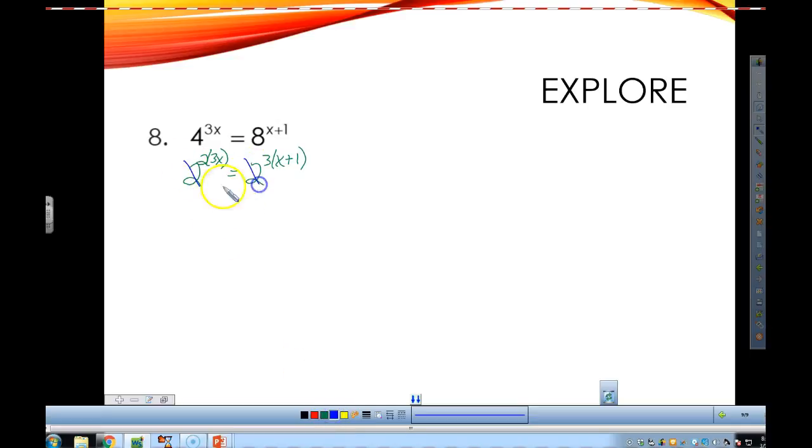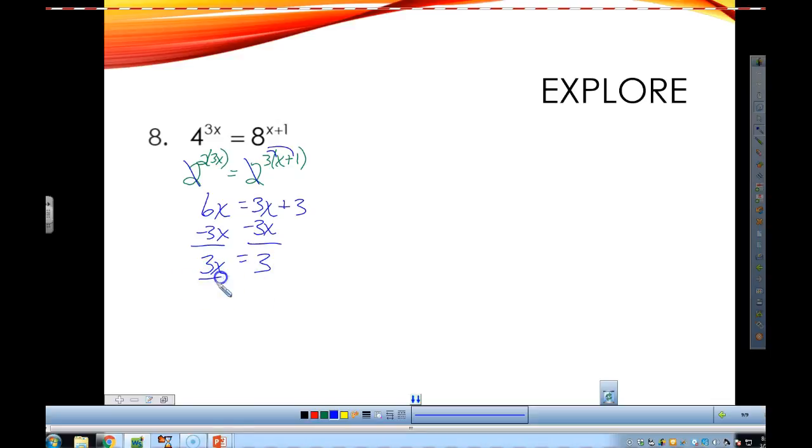Cancel, cancel. 2 times 3x is 6x equals, distribute. 3 times x is 3x. 3 times 1 is plus 3. Easy solve, I think. Take 3x away from both sides. 6x minus 3x is 3x equals 3.